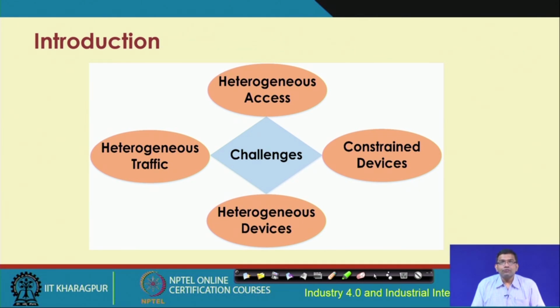And as I said before, the devices are constrained in all respects: energy, processing, communication and so on. So, you have heterogeneous access, heterogeneous traffic and heterogeneous, constrained devices. All of these holistically from a network point of view make the designing of these systems very challenging.